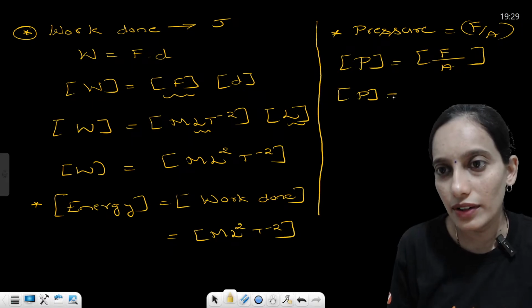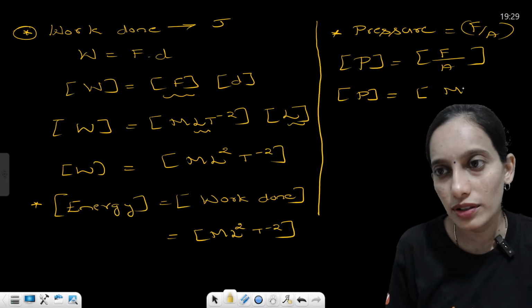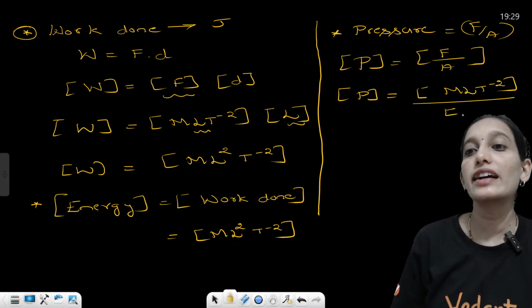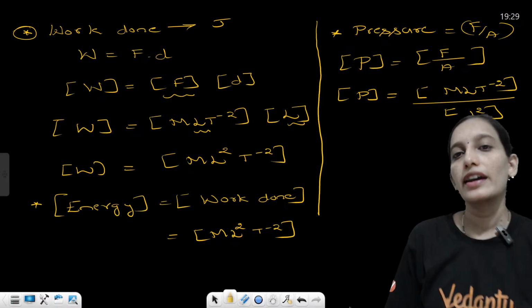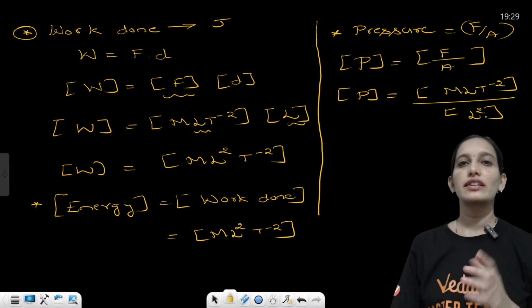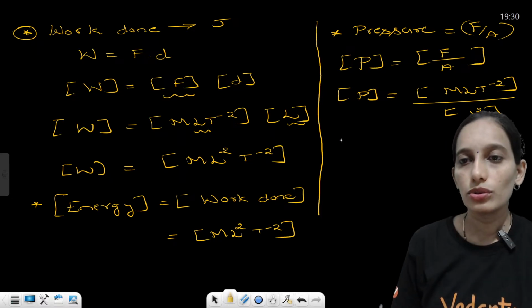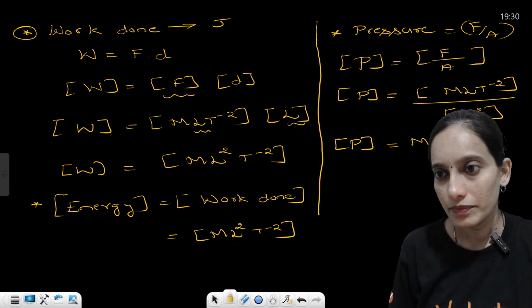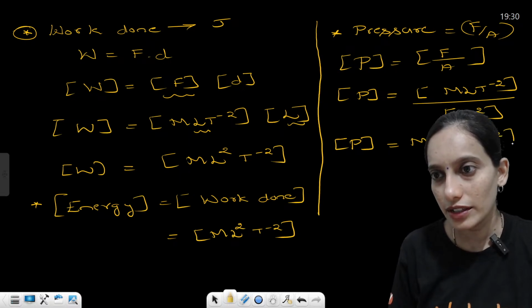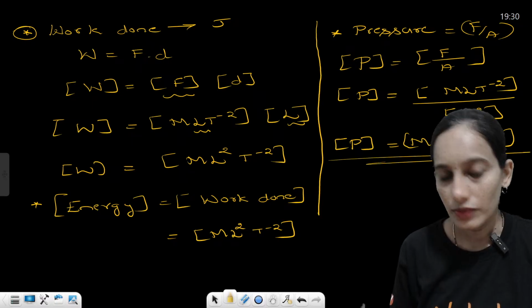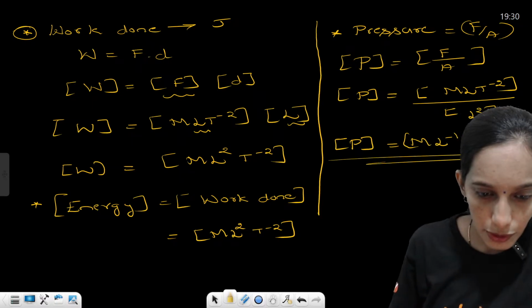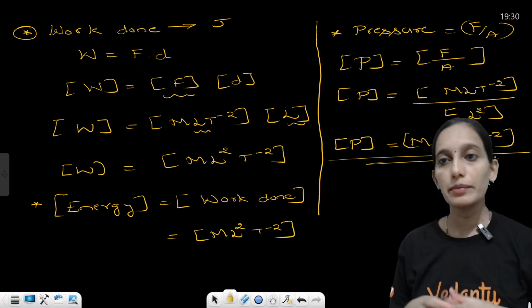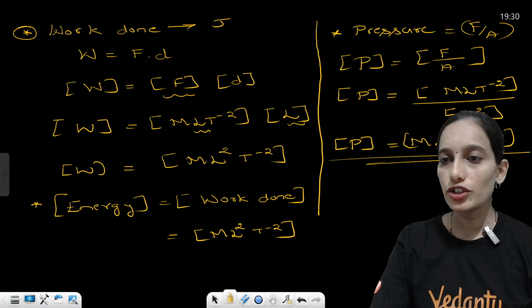The dimension of force is MLT minus 2, divided by the dimension of area, L square. Area is like length into breadth, so it has two dimensions of length. So this gives the dimension of pressure as M L minus 1 T minus 2.